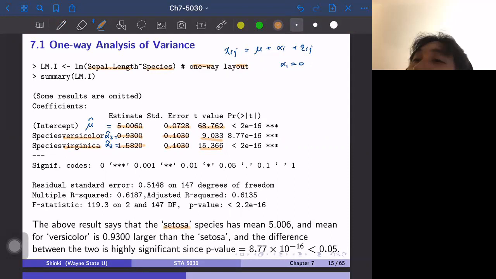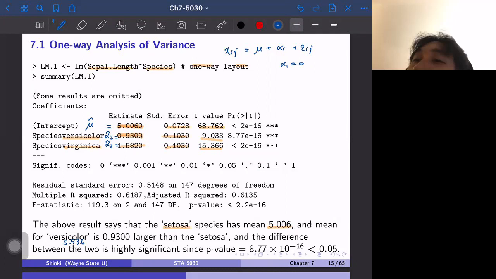So the Setosa species has the mean sepal length of 5.006. And the mean for Versicolor is 0.93 larger than mu hat, 5.006, so that is 5.936 on average.